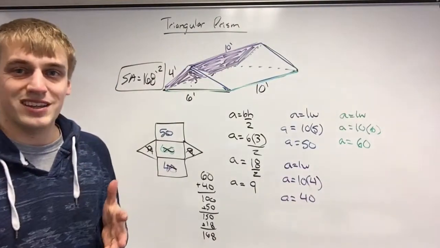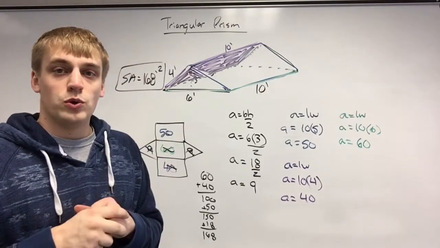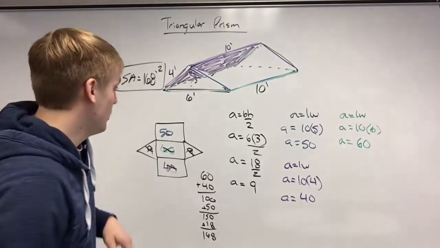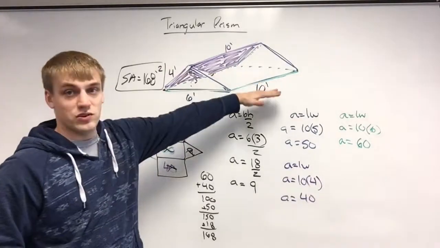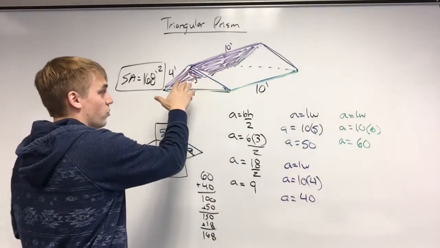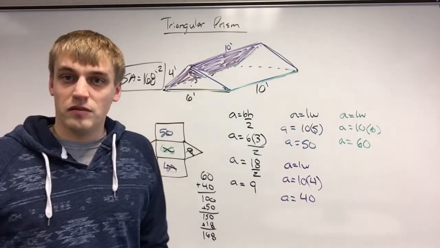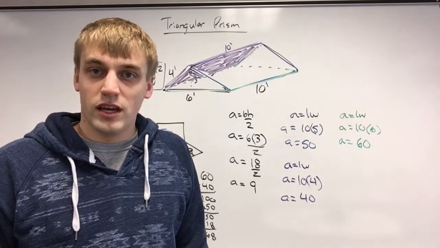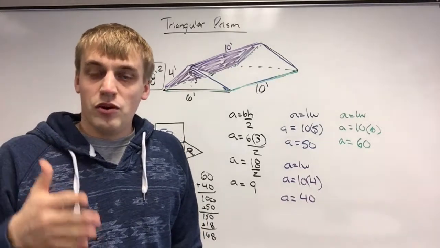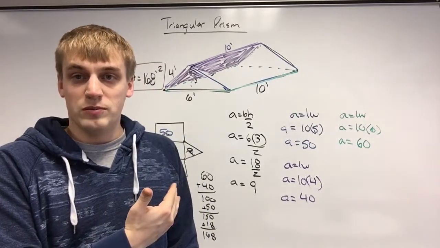The biggest thing that you have to remember when you're finding the surface area of a triangular prism is that the length is always going to be the same on the rectangles, and the width corresponds with each side of the triangle on the front face. If you have questions, my suggestion is to rewatch one of the problems that I did.